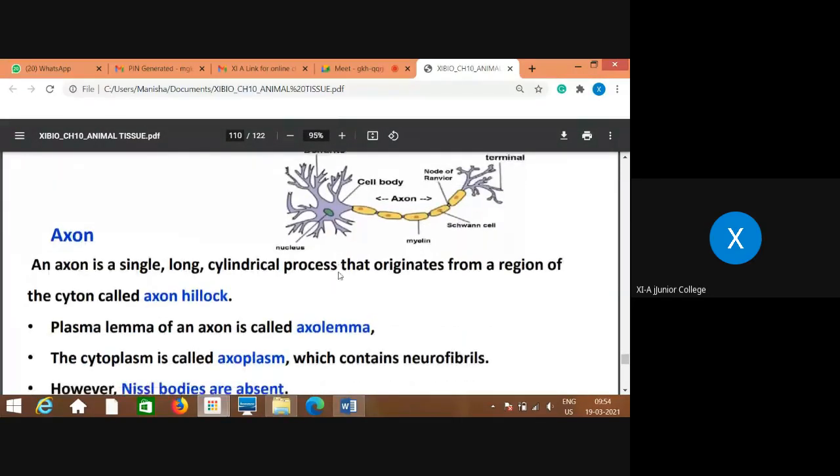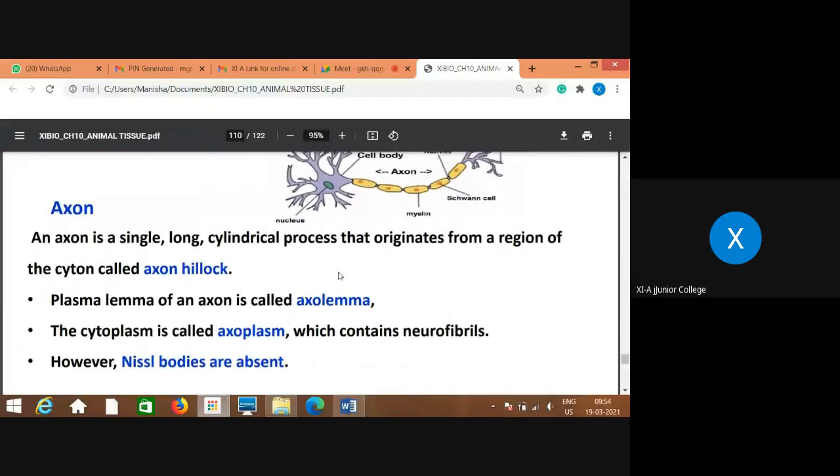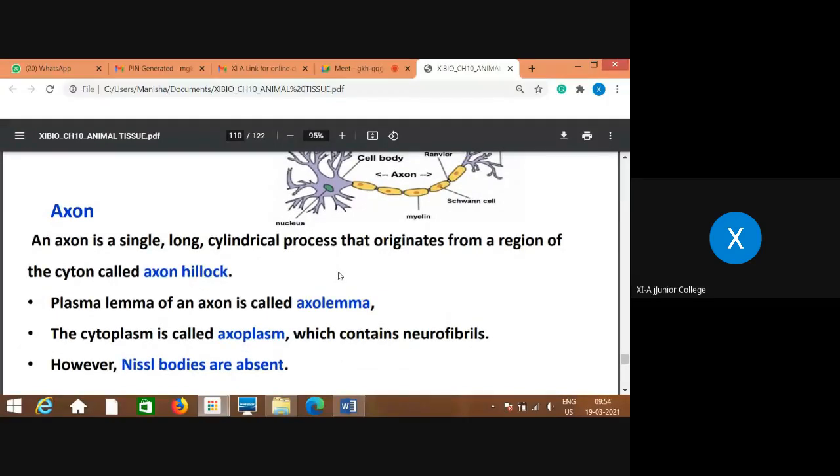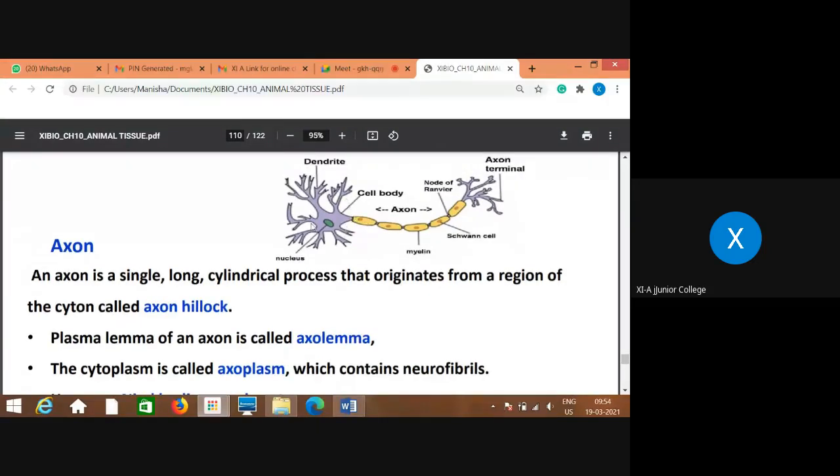Now, what is the axon? It is a long, single, cylindrical process that originates from a region of the cyton called the axon hillock. Now, I will tell you in this diagram what exactly the axon hillock is. This is the entire structure called the cyton, which gives the branched parts, that is, the dendrons.